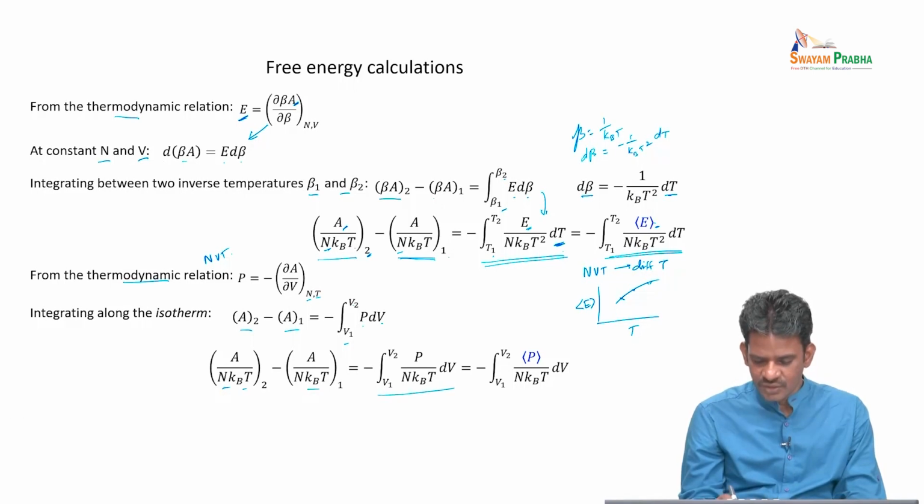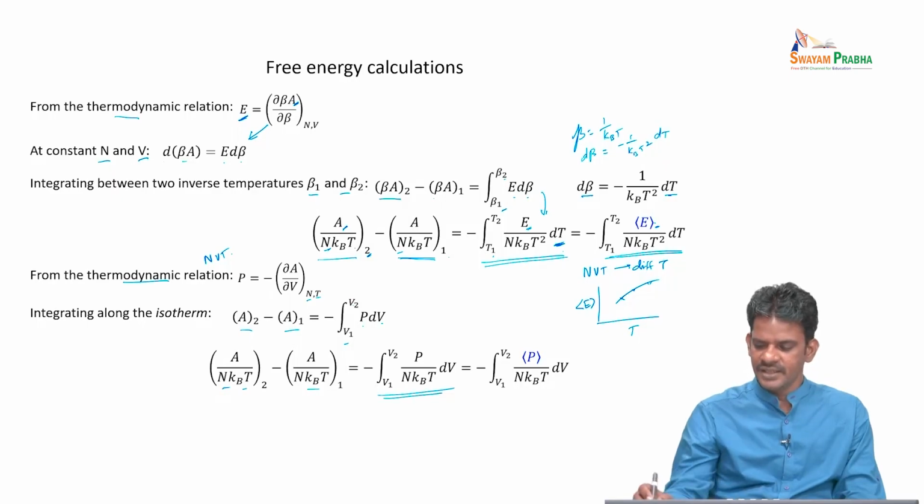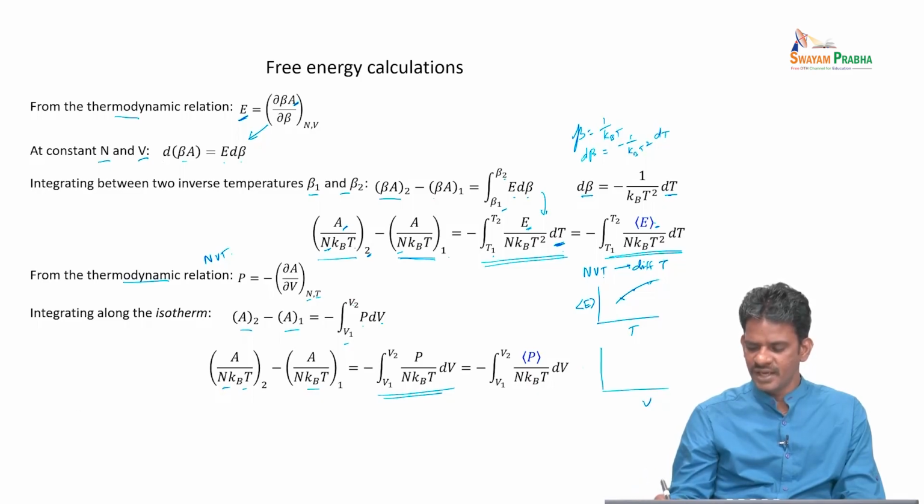So, now to do this, all you need to do is, like here different temperatures and you measure the energy. Here you will be doing different volumes and then measure the average pressure in each of those NVT simulations. So, you are going to do NVT simulations with different volumes and then get the pressure values and use those pressure values to do this integral.